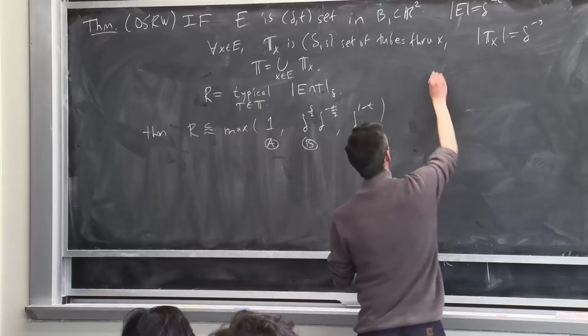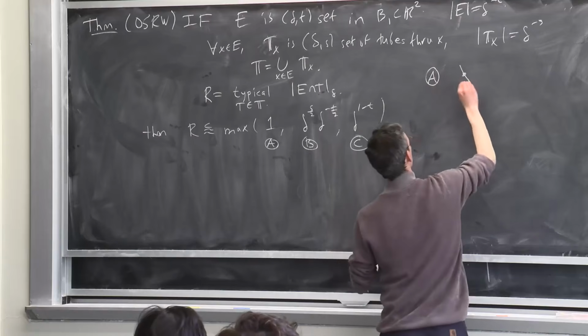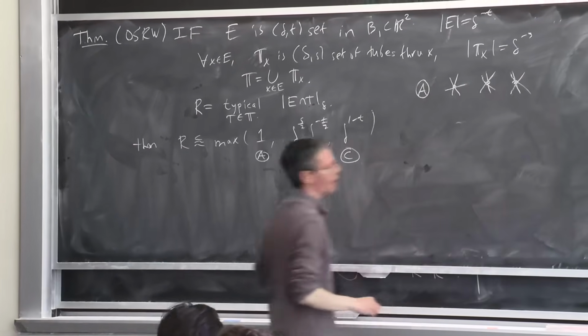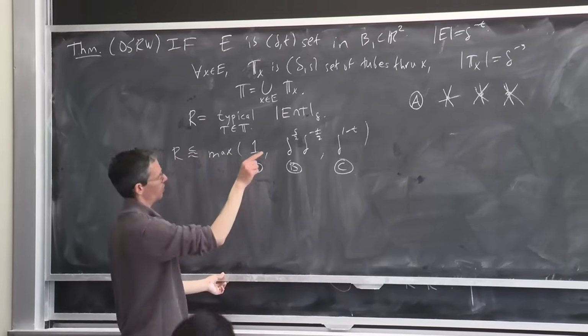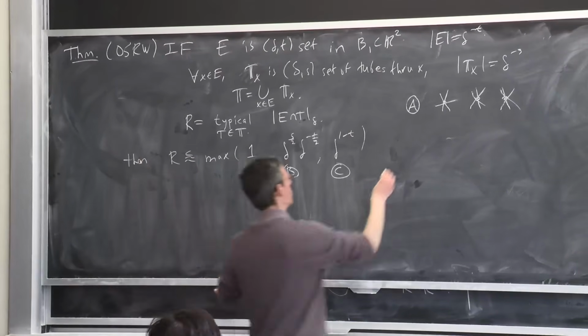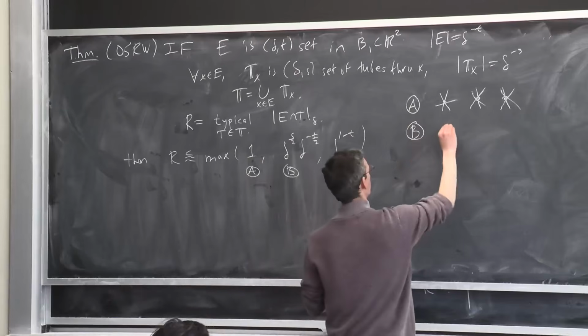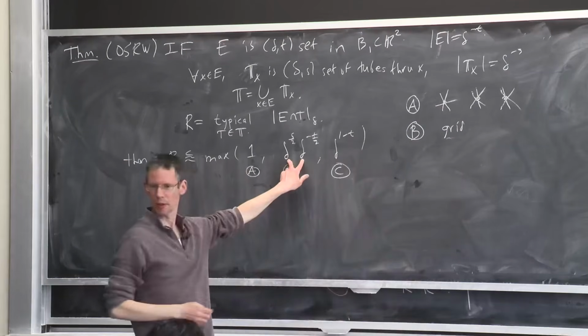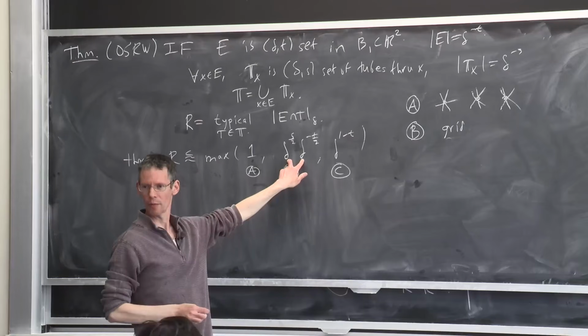OK. So A is the stars example. These tubes have nothing to do with each other, so the number of dots on each tube is just 1. That's scenario A. B is the really interesting one. It's the integer grid. We've written things a little differently, but this corresponds to the numerology in Szemerédi–Trotter.